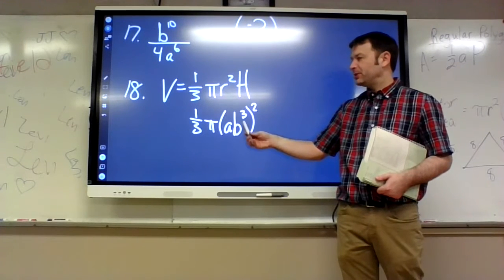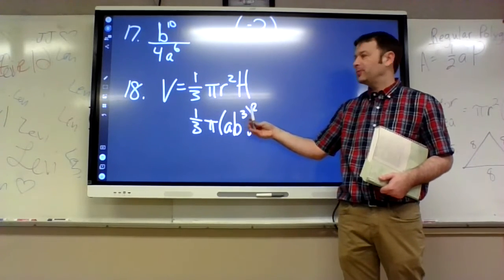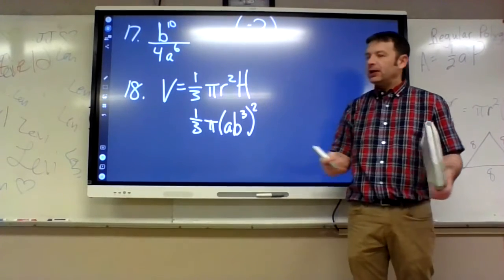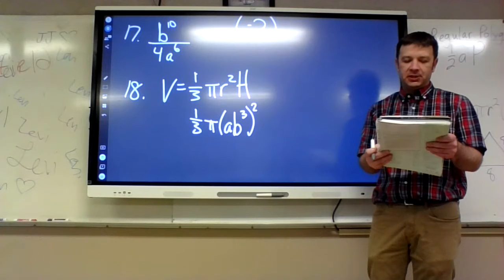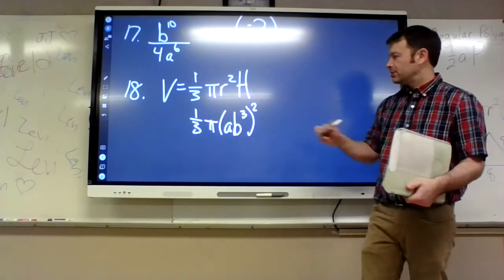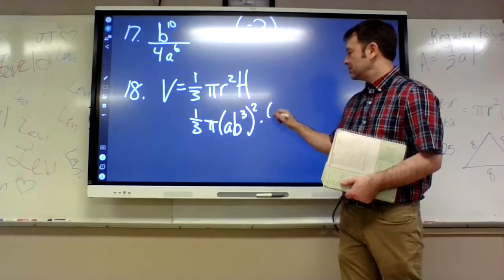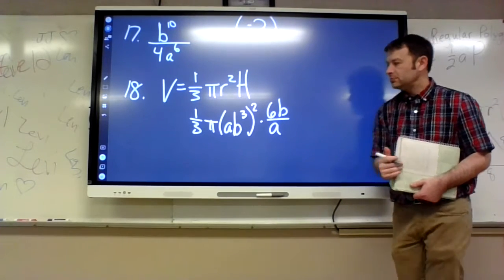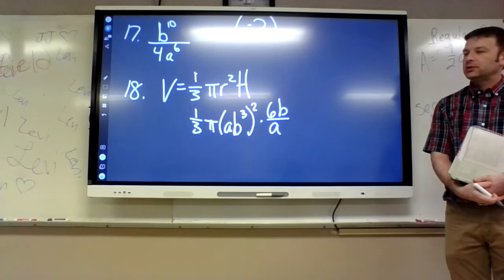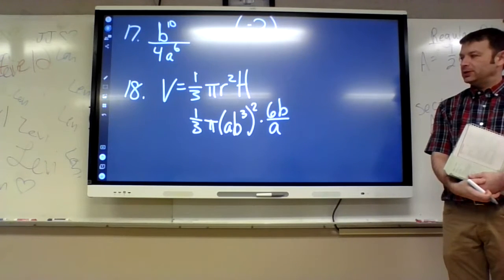I do want you to be able to do this. The height is 6b over a, so where the h was, I'm just going to put 6b over a. So all I did so far was replace the r and the h.